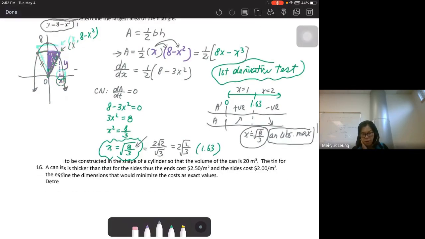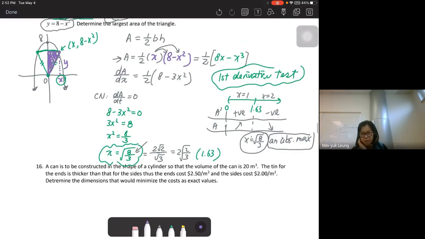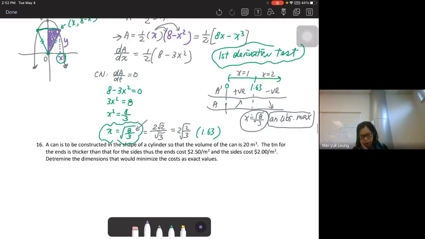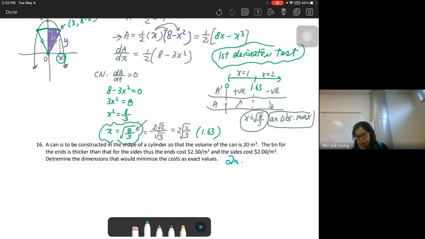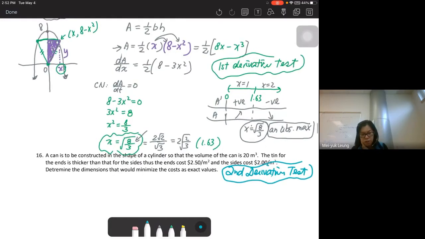Okay, now another way to prove this local maximum is actually an absolute maximum, we can use the second derivative test. Okay, because in this case, I can see that I can use the second derivative test to prove this x value is going to give me the absolute maximum, depending on the derivative function. So this is the derivative function.